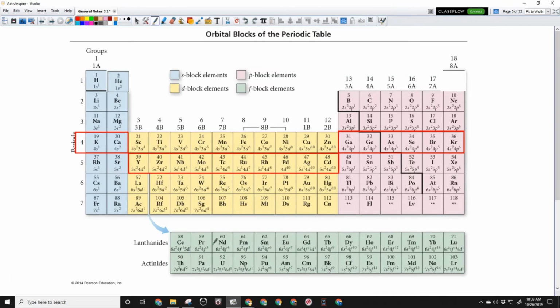Because we have 2 rows on the F orbital. So if this row is the 4th, this one is going to be the 5th. And then that's it on the F. There's no more Fs.